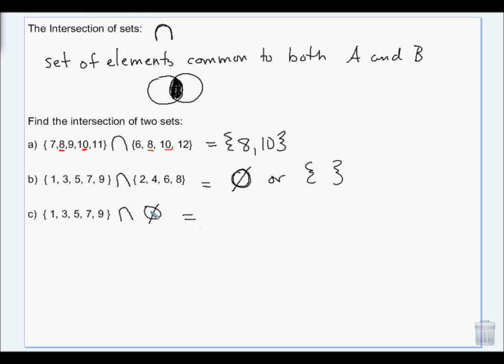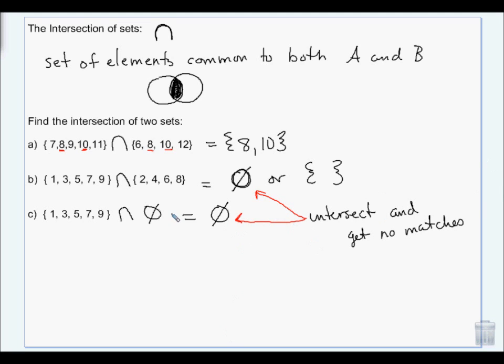Anytime you intersect with the empty set, you're intersecting with nothing, so you get nothing. So if you intersect and get no matches, this will always be your answer.